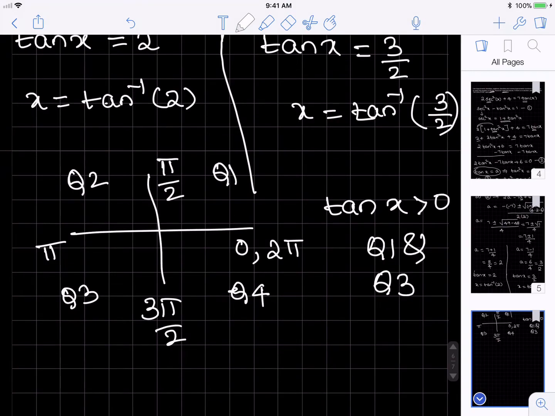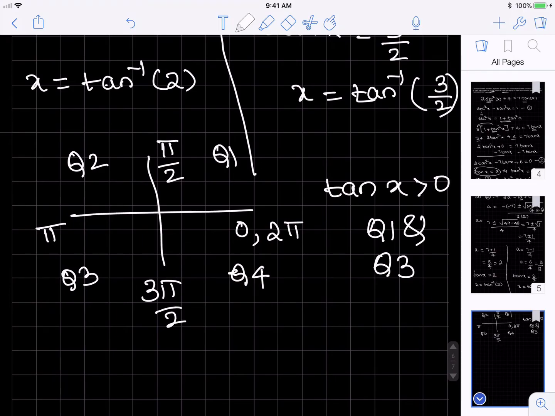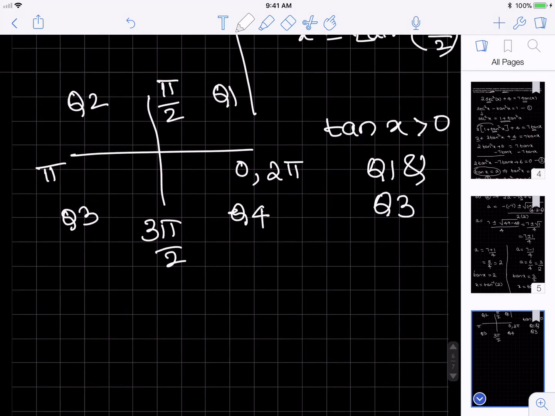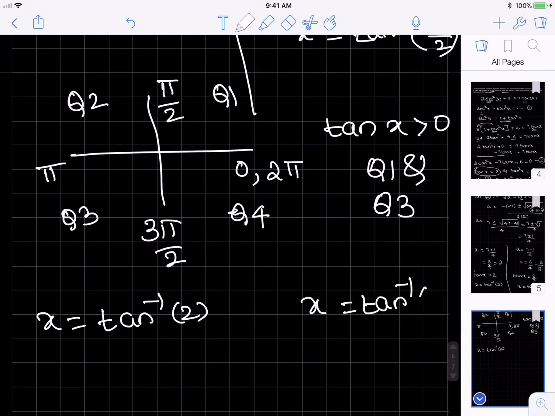So for every solution in quadrant 1, you'll have to add a pi to get the third quadrant solution. So for example, x equal to tan inverse 2 is one solution. x equal to tan inverse 3 over 2 is another solution.